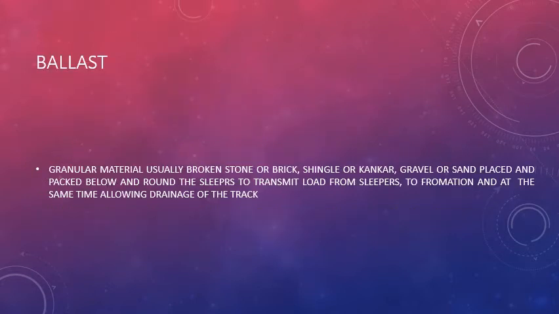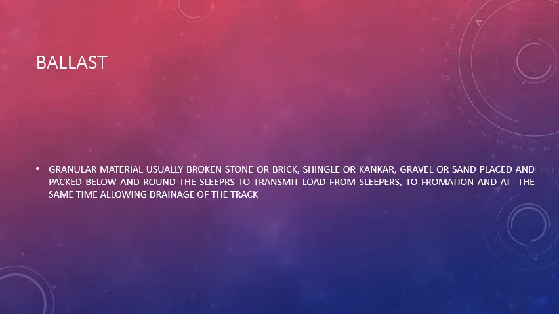Next we will discuss about the ballast. Ballast are granular materials, usually broken stone or brick, shingle or concrete, gravel or sand, placed and packed below and around the sleepers to transmit load from sleepers to the formation and at the same time allowing drainage of the track.